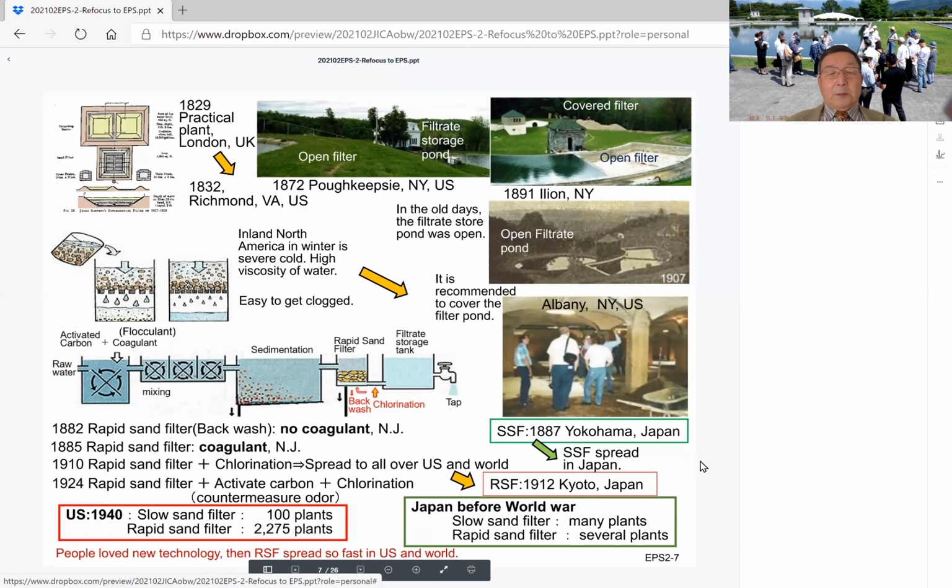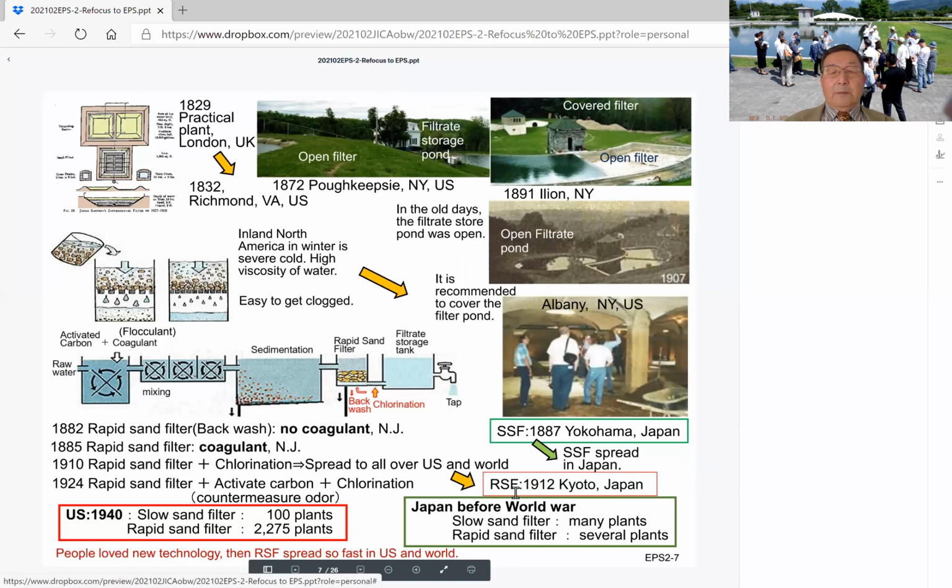But in my country, the first slow sand filter was introduced in 1887 in Yokohama, Japan. After that, slow sand filters spread all over the country.